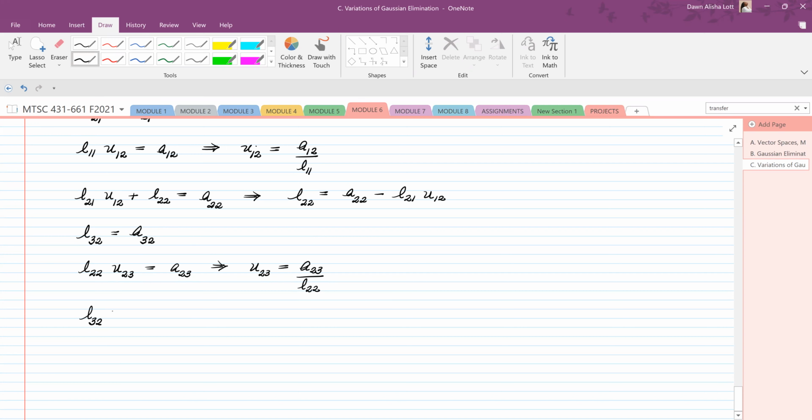And then the last one is L32 times U23 plus L33 is equal to A33. So that gives us that L33 is equal to A33 minus L32 times U23.